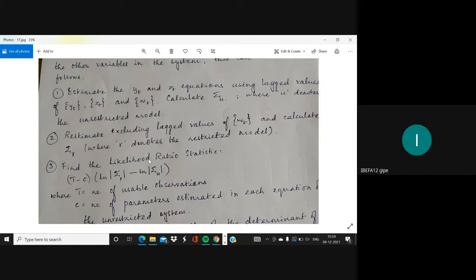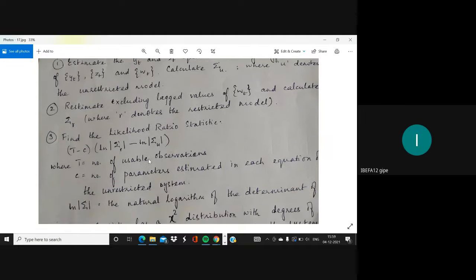In the third step, we calculate what is known as the likelihood ratio statistic. For this statistic, you need T, the number of usable observations. This is once you've taken lags and differences, since your variables need to be in stationary form, so you might need to difference your variables.